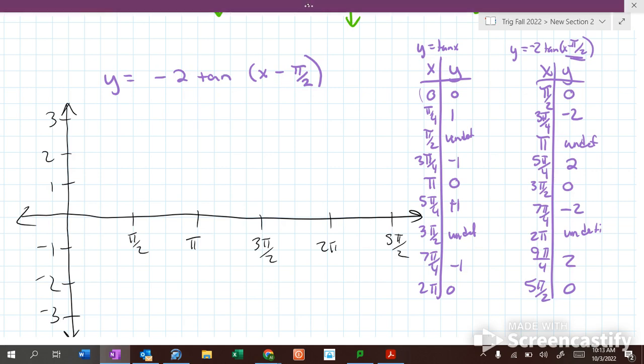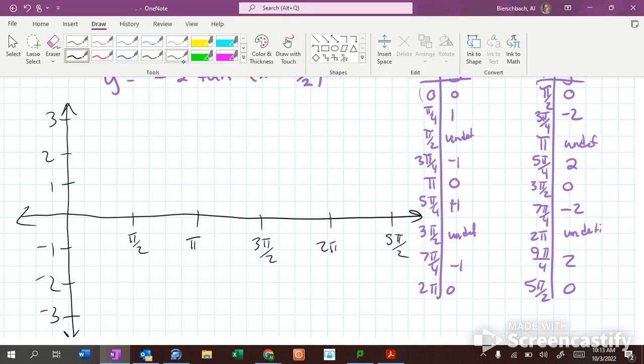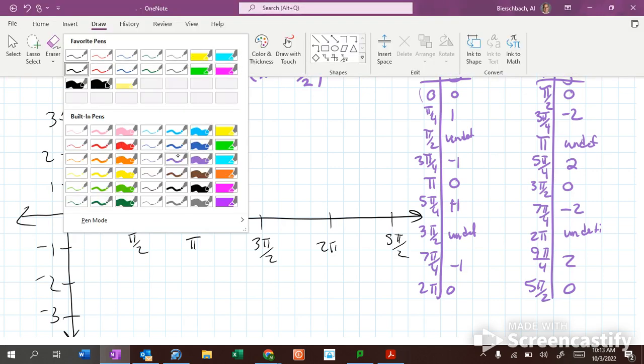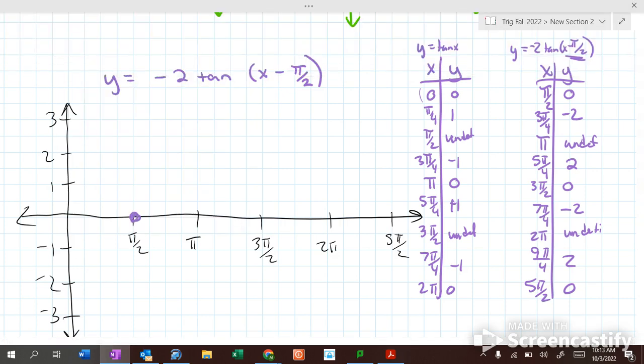All right, so pi over 2, I'm going to have a 0. Three pi over 4 is negative 2. I'm going to have an asymptote at pi. 5 pi over 4, 2. Then 0. Then negative 2.